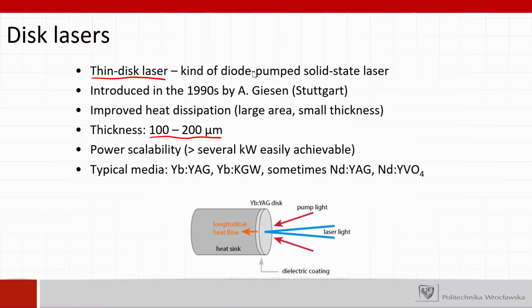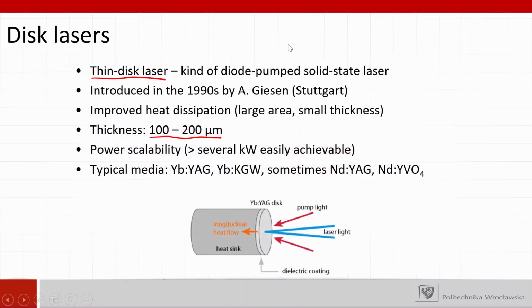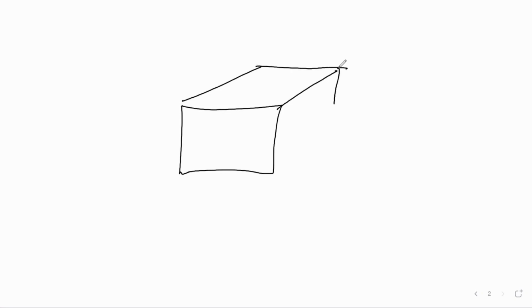So what is the goal of that? The main idea behind this is that if we have a crystal, let's say a neodymium doped crystal, which is just a bulk cube of material, and we focus light into this crystal, focus the pump inside the crystal, right?